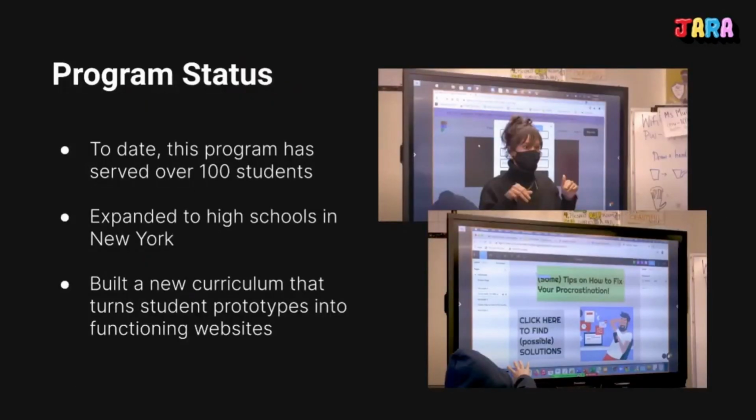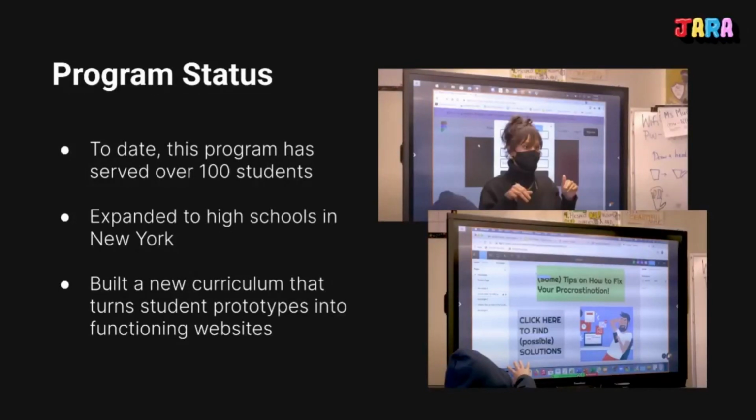So to this point, we have actually implemented this program across a wide variety of spaces, actually taught in person and did this in New York, which is the screenshots you're seeing here. We have reached over 100 students in terms of people we've connected with.